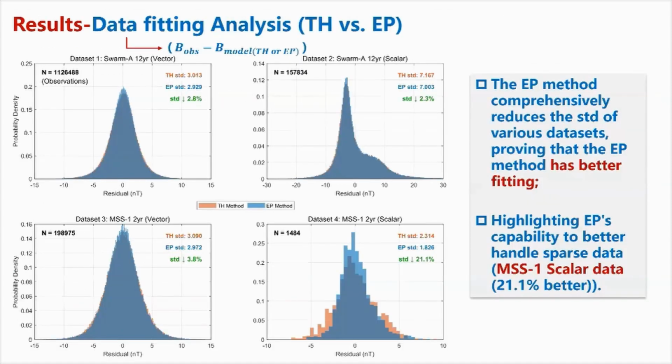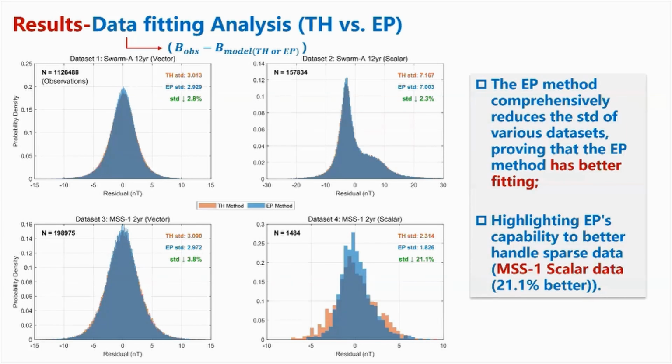Okay, before I show the models, I want to show you the data fitting conditions. These figures show the data fitting results for the 4 data sets. The left corner is for the 12 years Swarm A vector data set, and this one at the top right is the 12 years Swarm A using scalar values.